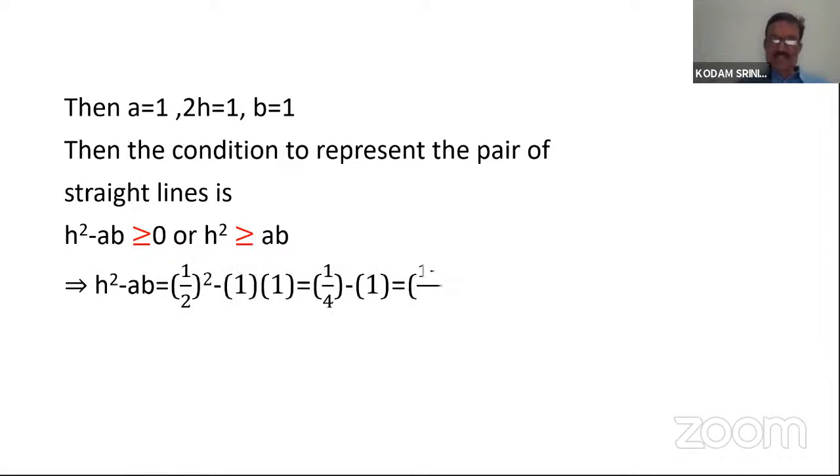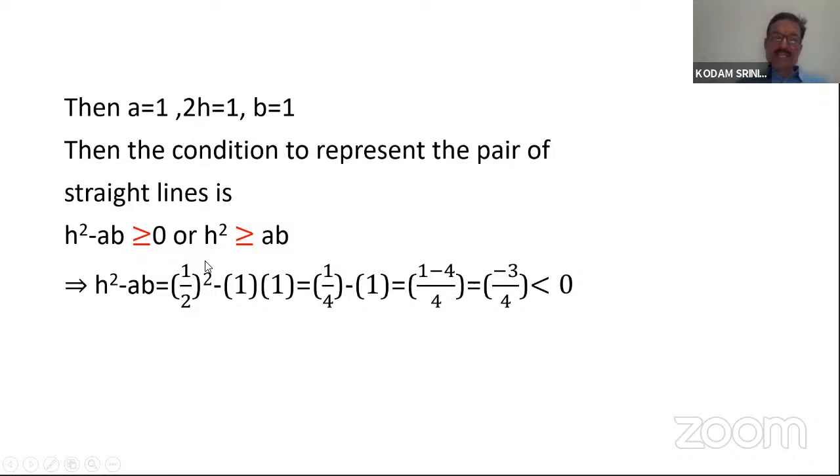So first of all, we have to find the value of h square minus ab. Here 2h equals 1 means h equals 1 by 2. With a equals 1 and b equals 1, h square minus ab is 1 by 2 whole square, which is 1 by 4, minus 1. We get 1 minus 4 by 4, nothing but minus 3 by 4, which is less than 0.